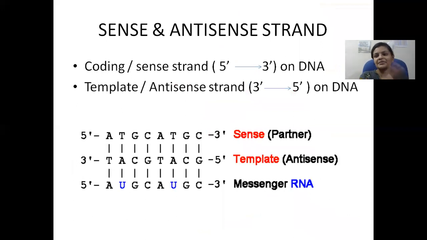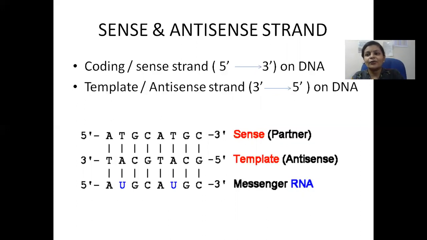And this concept of sense and antisense strand is also the same for prokaryotes and eukaryotes. The strand which actually contains the codes is called the coding strand. The coding strand is also called the sense strand, and this is what runs from 5' direction to 3' direction on the DNA. Now we are talking about the DNA.